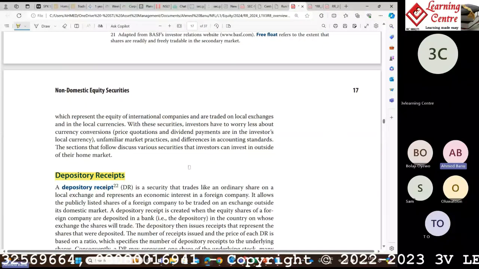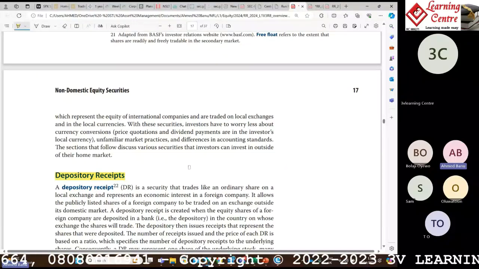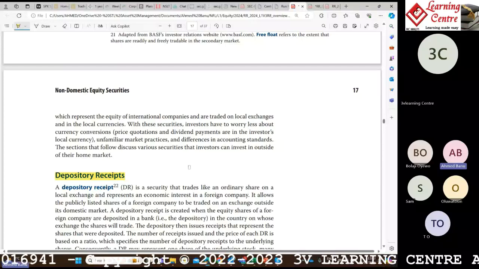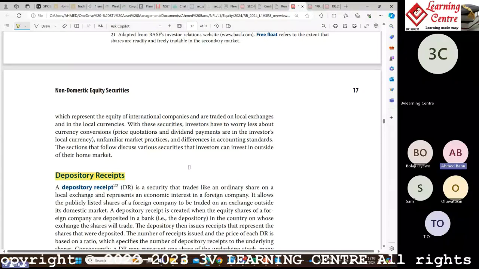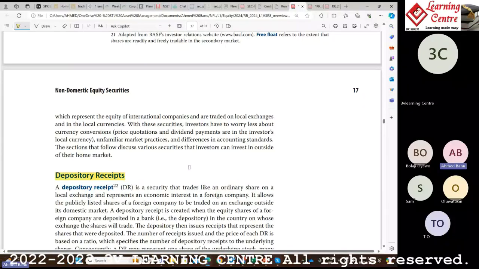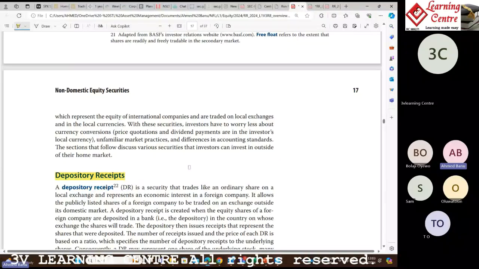So let's say it gives the nominees 1 million units of its shares, with Google valued at, for instance, $1,000 per unit. So that's almost close to $1 billion that has been dropped with Stanbic IBTC Nominees, such that Stanbic IBTC Nominees will now create what we call depository receipts.